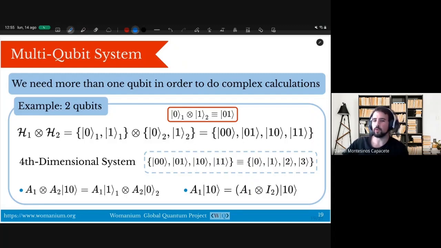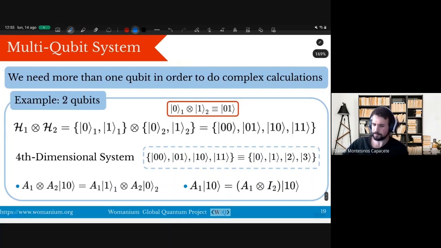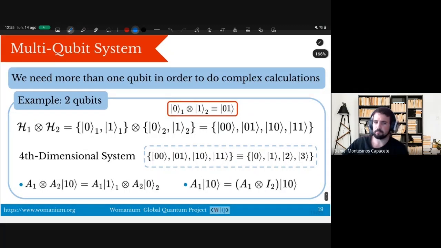So how do we work when we have more than one quantum system? That is something that I haven't really talked about, but it's important. Here I'm just going to do it for the example of a qubit system, but this is general when you work with Hilbert spaces and you have more than one Hilbert space.